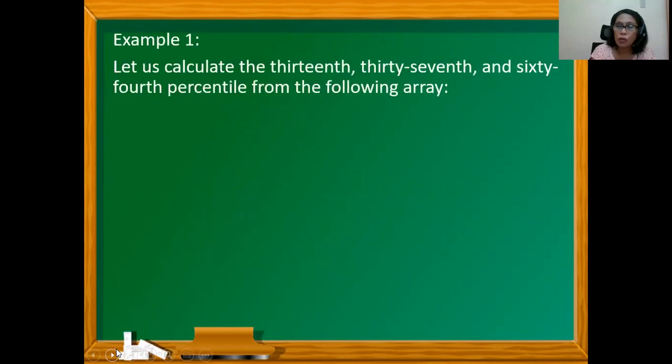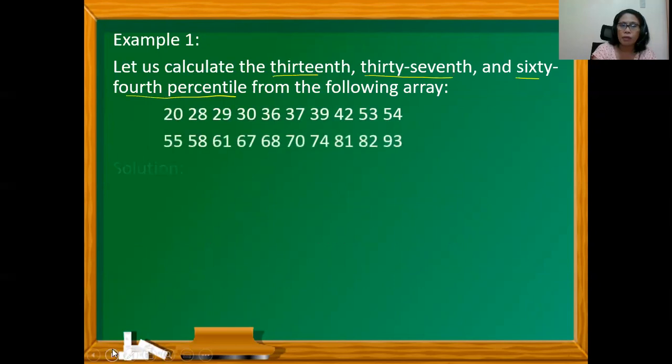So let us calculate the 13th, 37th, and 64th percentile from the following array. So n here is equal to 20, a total of 20 observations. Now we need to work on the position first.